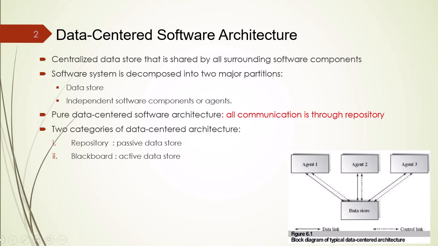The previous pattern was about how data flows, either in a sequence, and whether it supports concurrency or not. But here this pattern shows how data is stored. So software is decomposed into two major partitions: the data storing element or partition, and software agent components.